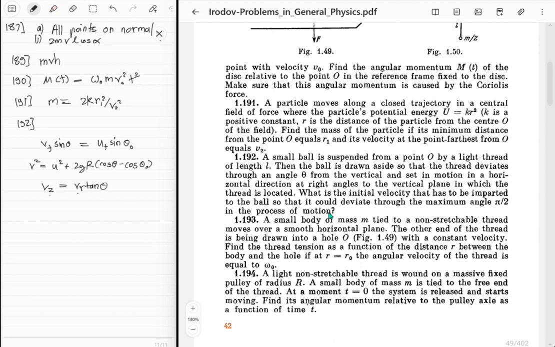Yes. So when they say deviate, what that means is that the final angle will be either theta plus pi upon 2 or theta minus pi upon 2, right? Well, clearly theta should be less than pi upon 2, only then would it actually make sense. I mean, it can be bigger than pi upon 2, and that can happen, but I don't like the feel of that.